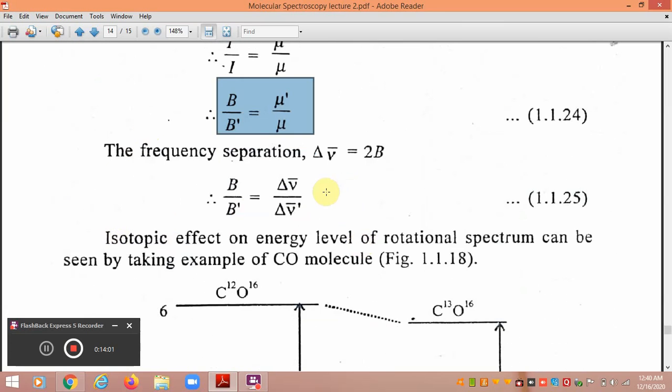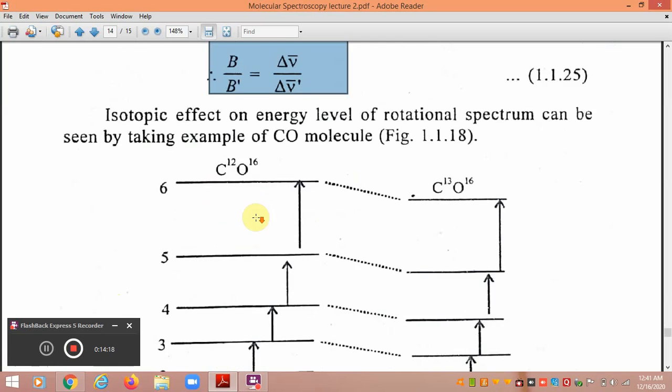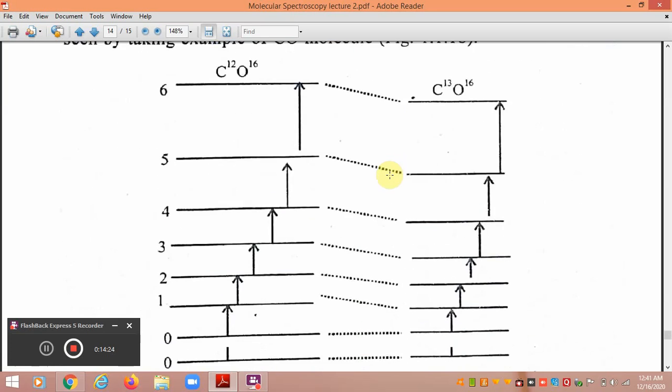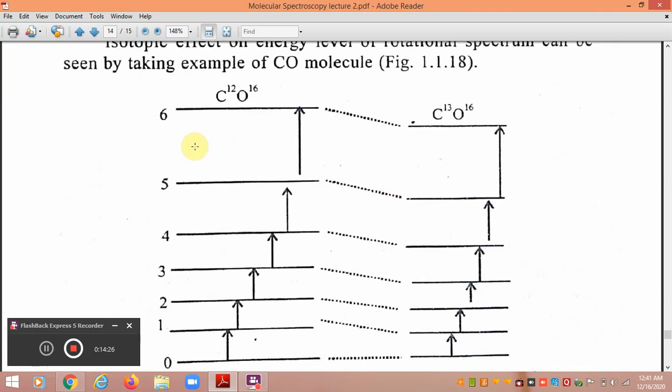And as delta nu bar is equal to 2B, we can write 2B is equal to delta nu bar, and 2B prime is equal to delta nu prime bar. The 2 will get cancelled, and we will have this equation. So this is the effect of isotopes on the energy levels of the rotational spectrum of the carbon monoxide molecule. This is the normal molecule, and this is the isotopic molecule.